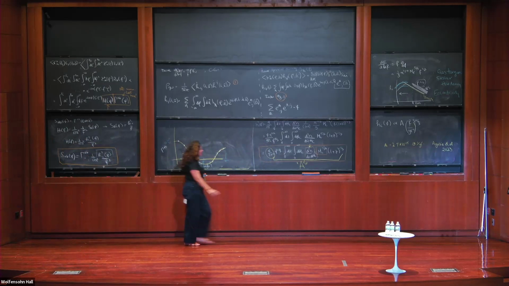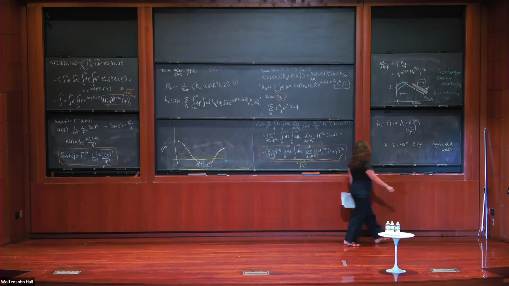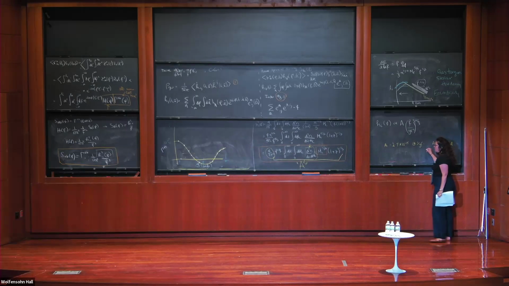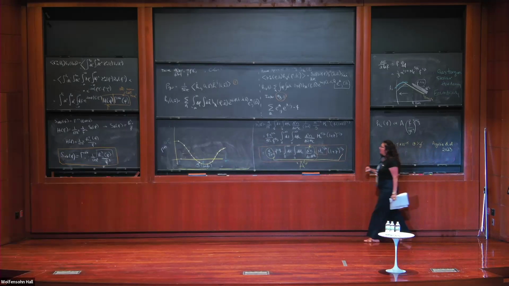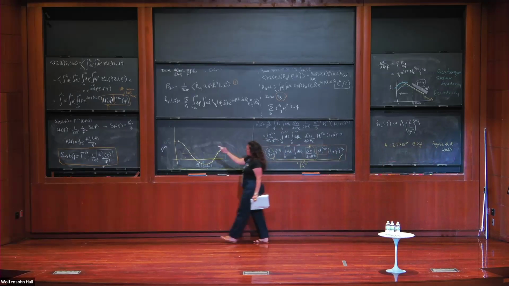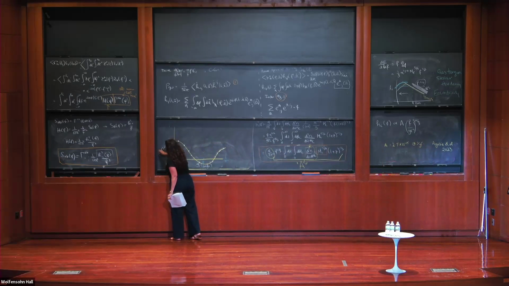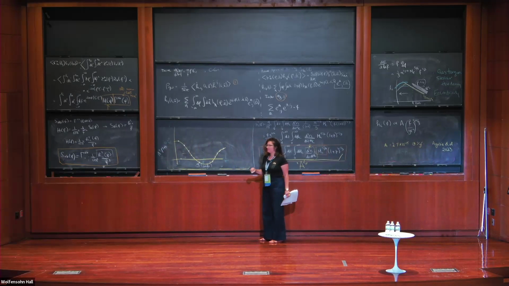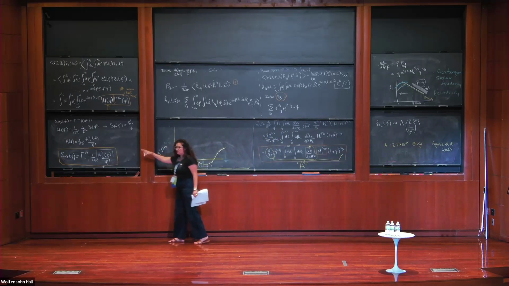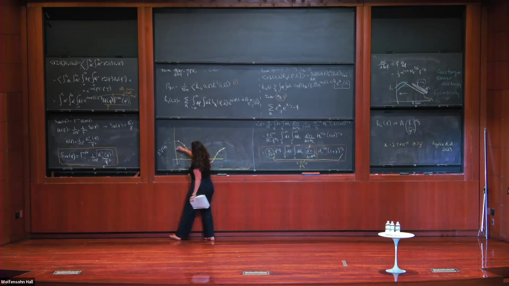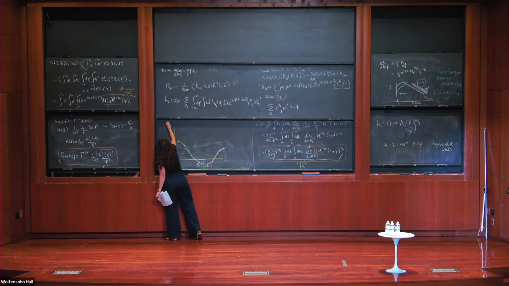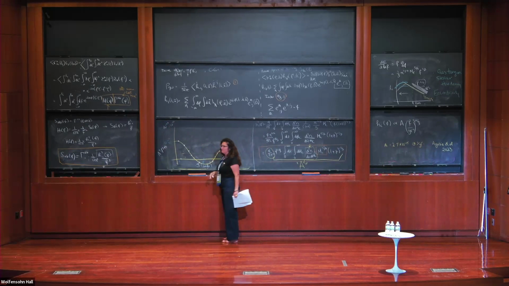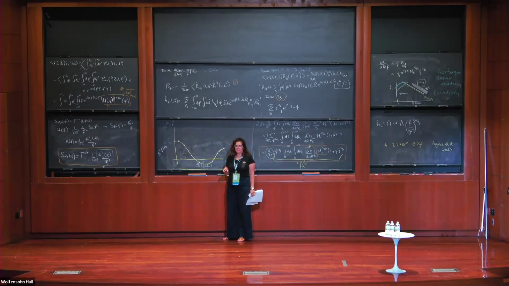So if the amplitude that we measured at a reference frequency of 1 over a year is 2.4 times 10 to the minus 18, it means that what we have over here is going to have some A squared that multiplies it, right? Because you have a characteristic strain squared, which gives you an A squared. And so this is going to be of the order of 10 to the minus 29 to 10 to the minus 30, right? That's just the order of magnitude you get for the measurement that you made. Does this all make sense?